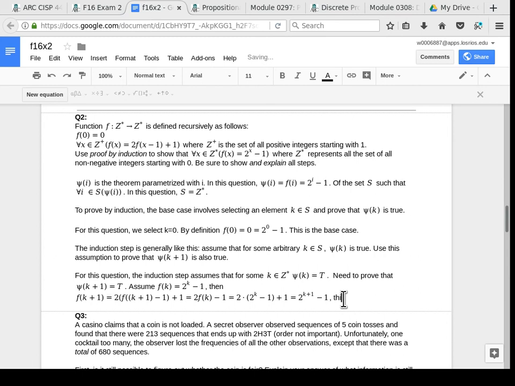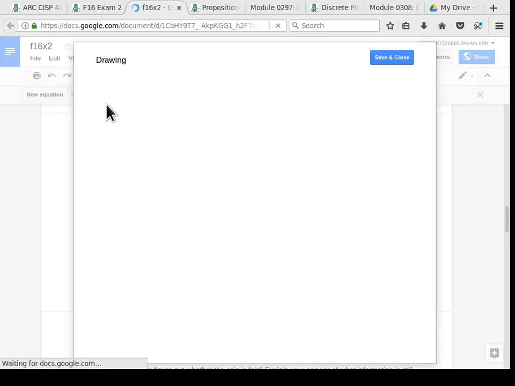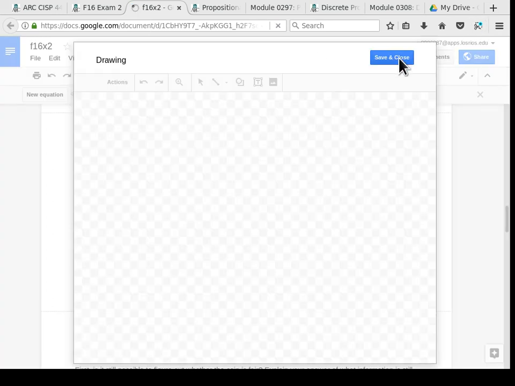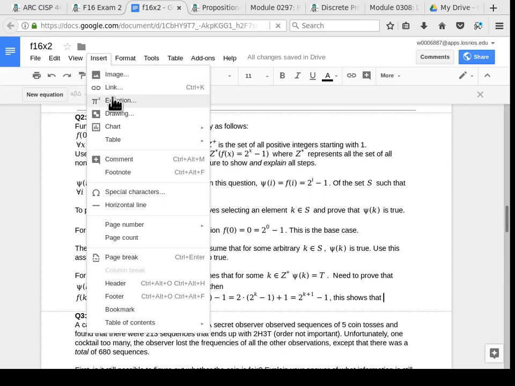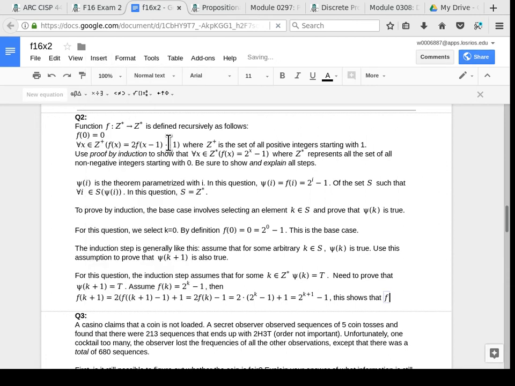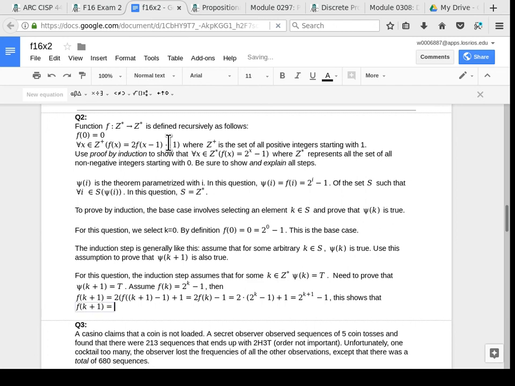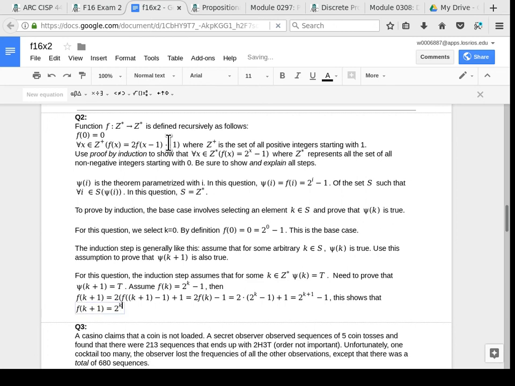So this shows that f of k plus 1 equals 2 to the power of (k plus 1), and then the whole thing minus 1. All right, so we are done with this proof.